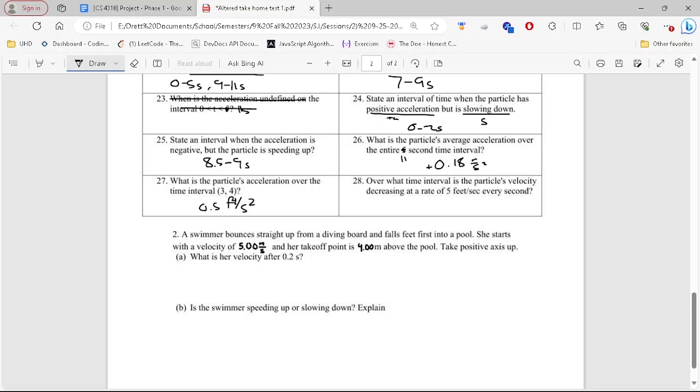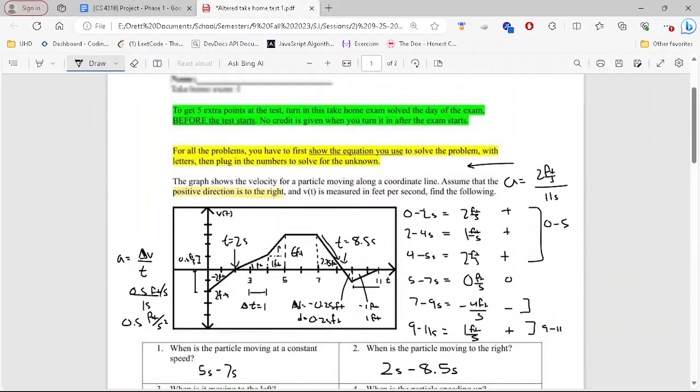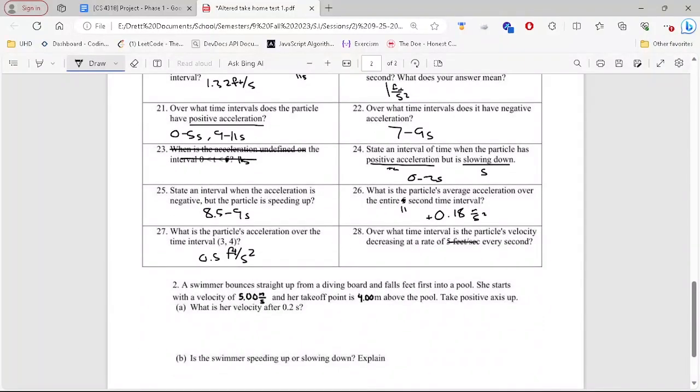Over what time interval is the particle's velocity decreasing at a rate of 5 feet per every second? Okay, this right here, I'm not sure we'll have anything like that here.